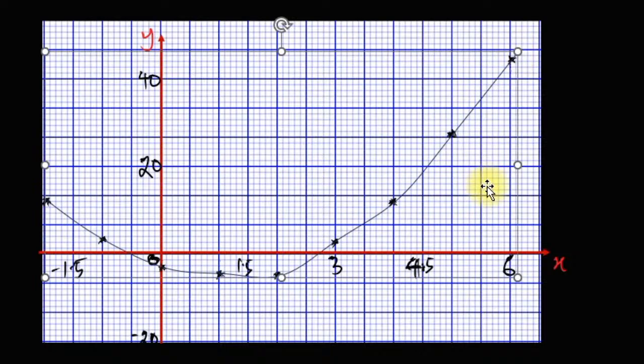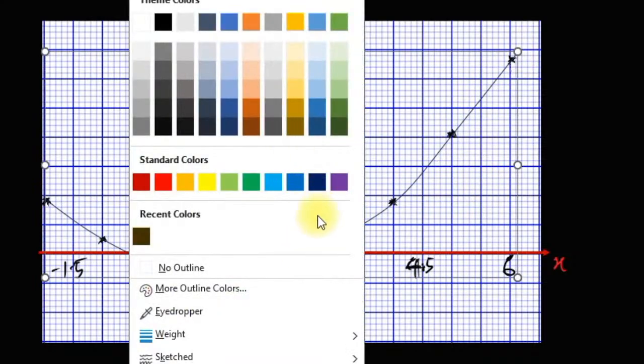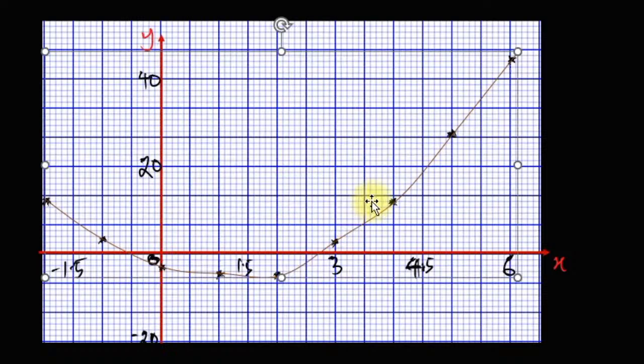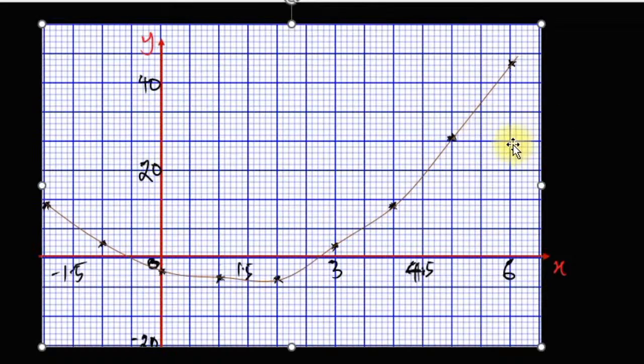We've joined the points. Let's change the color. Which one is good? So I change it to this. Let's also increase the thickness.